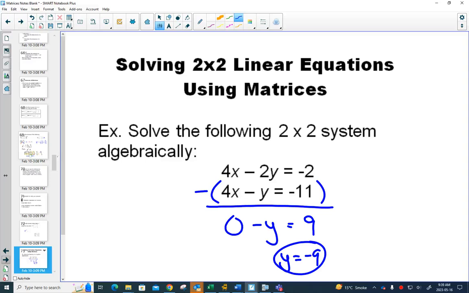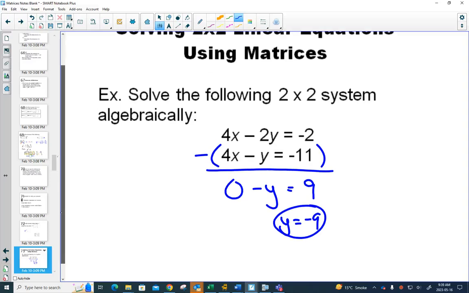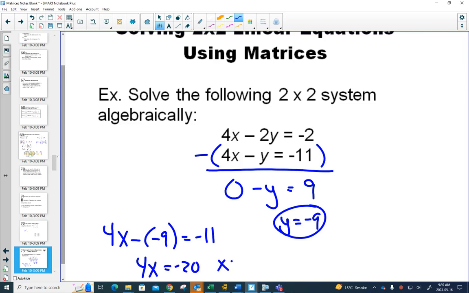And once I got y as -9, I could use either equation. I'm going to use the second one. 4x minus a -9 equals -11. 4x, move the 9 over, equals -20. And x is equal to -5. So my solution to this system of equations: these two lines are going to intersect at -5, -9.